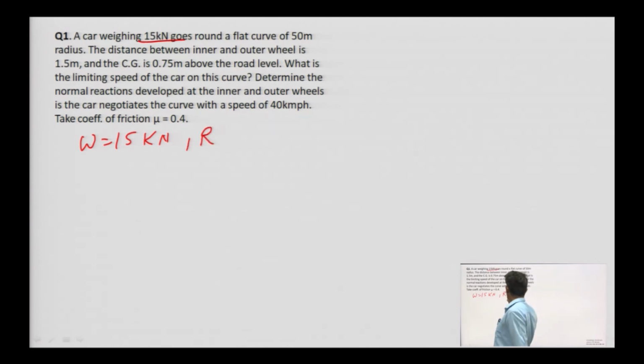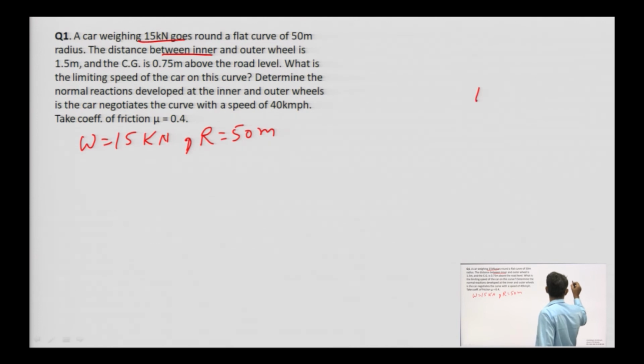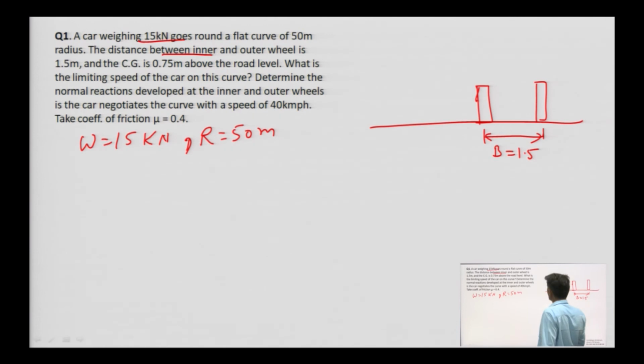The distance between inner and outer wheel is 1.5. Say this is B, equal to 1.5.